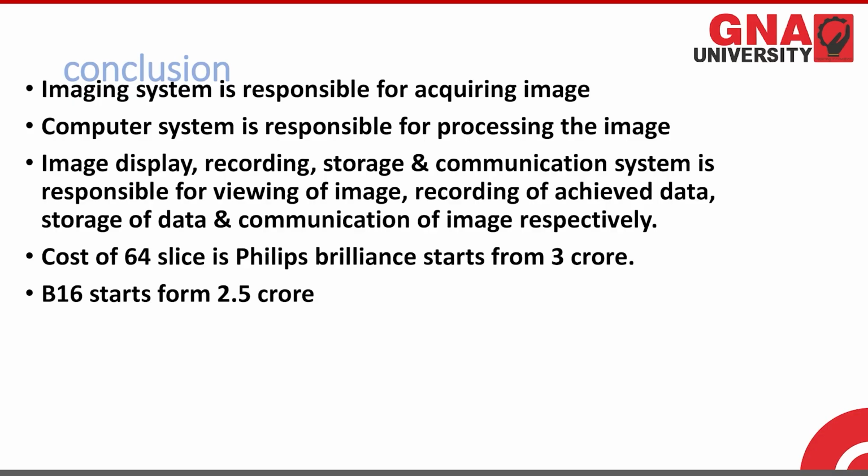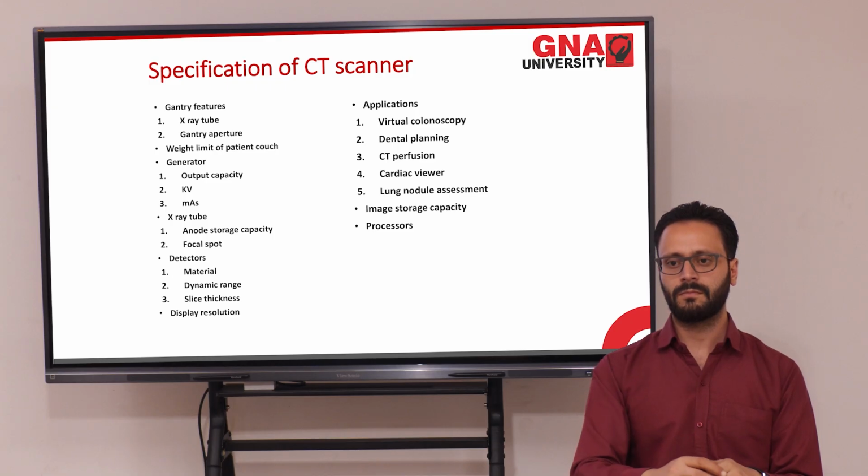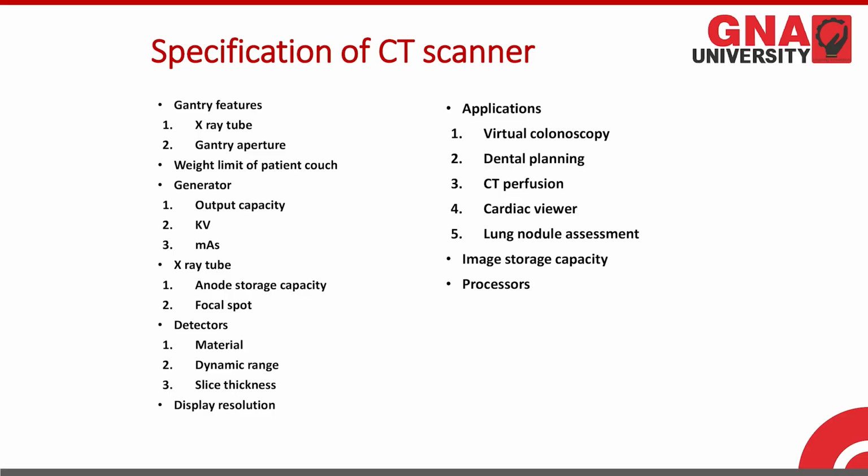On average, if we try to find out the cost, a 64 slice Philips Brilliance starts at 3 crore rupees. Similarly, a B16 machine starts from 2.5 crores within India. Now, here is a highlight of the specifications of a CT scanner.